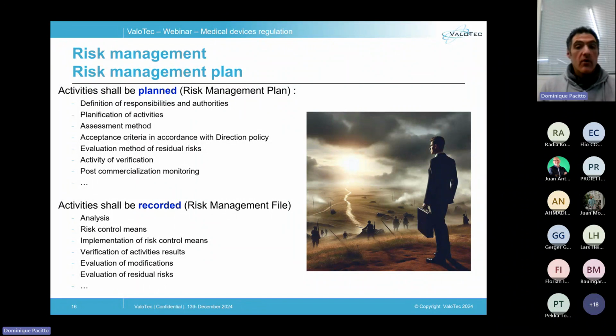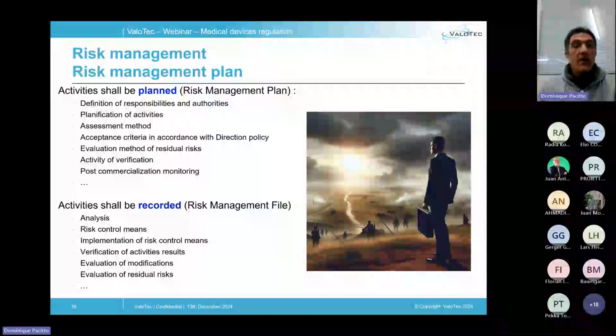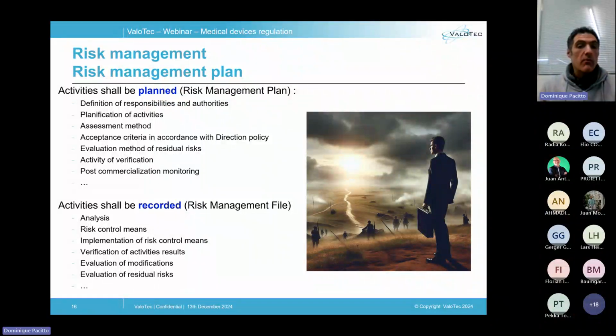The execution of the various activities described in this plan is recorded within the risk management file, and it includes, for example, the risk analysis we will see, the identification and implementation of the risk control means we will see, and the result of all the activities. Now, there is no format required, but proof of the proper execution of each step is requested.